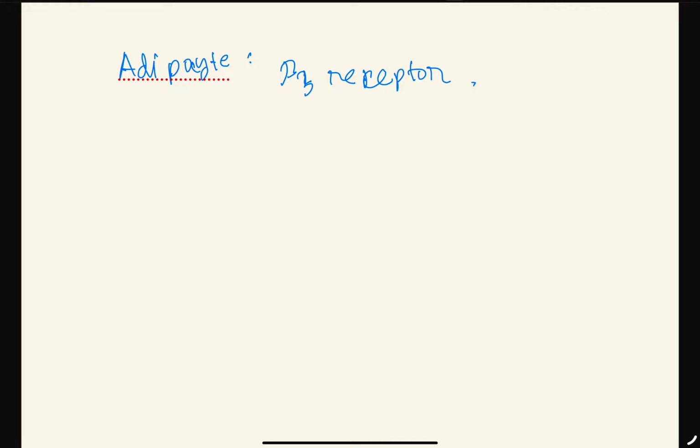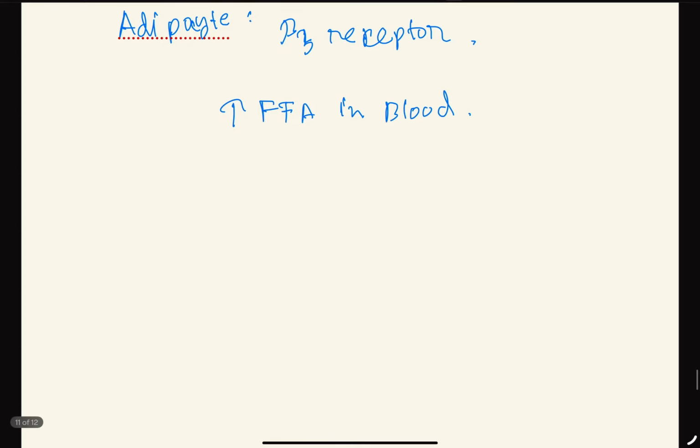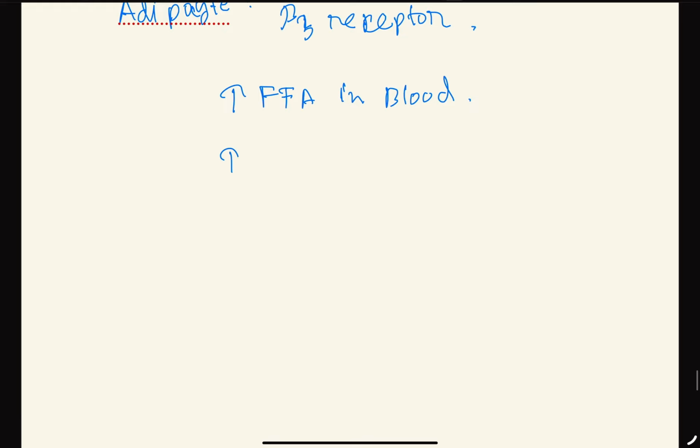What about adipocyte? There is a special receptor in the adipocyte called beta 3 receptor. It's a modified type of beta 1 receptor. What it does is increase the free fatty acid release from the adipocyte to the blood. It increases the gluconeogenesis.